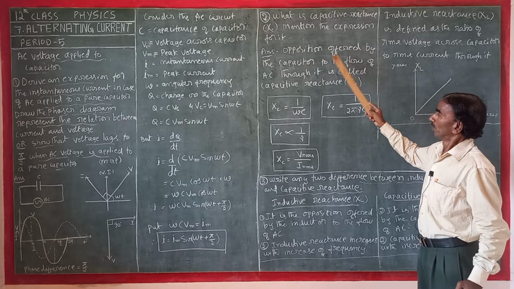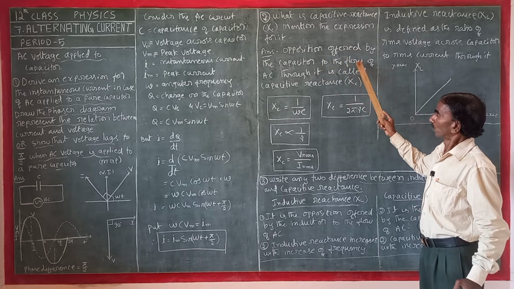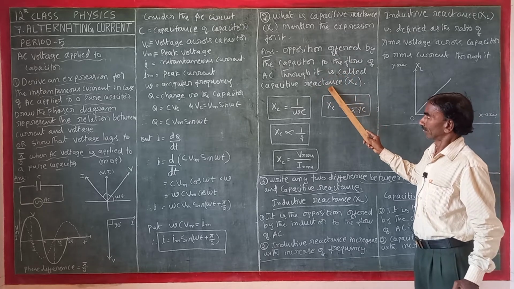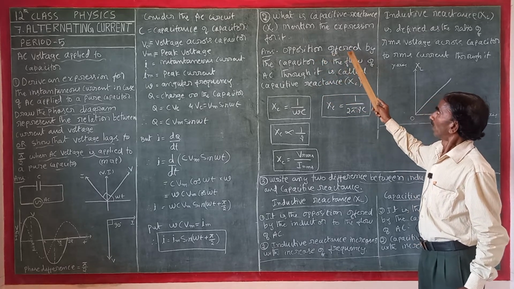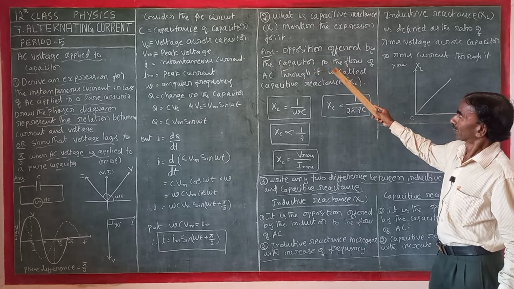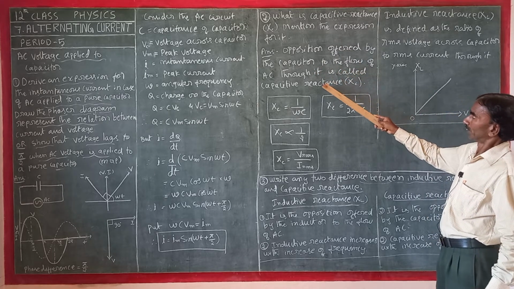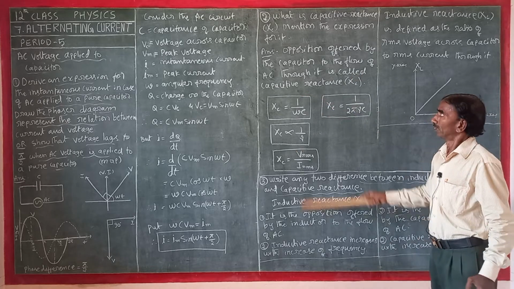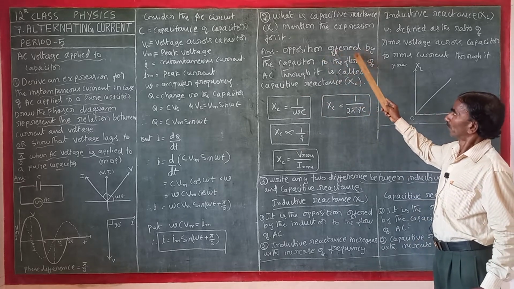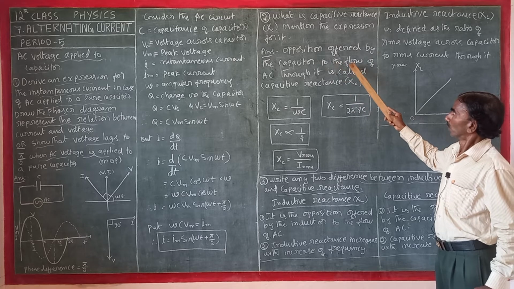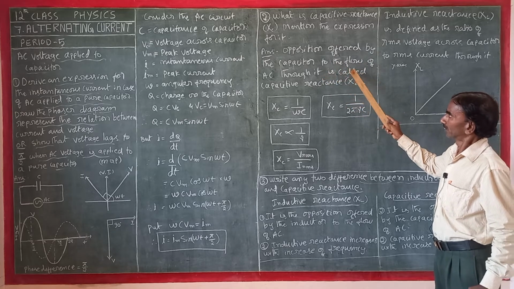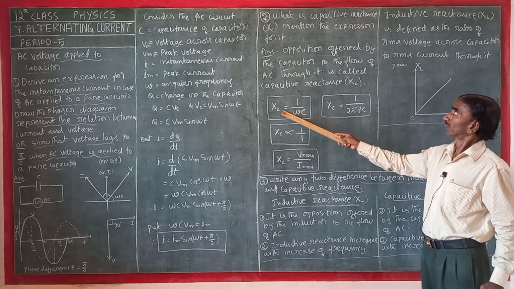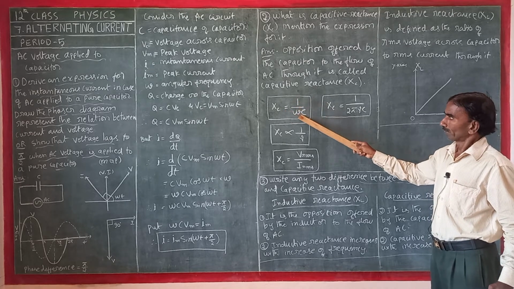The opposition offered by the capacitor to the flow of AC through it is called capacitive reactance. So Xc is the capacitive reactance, 1 by omega C.